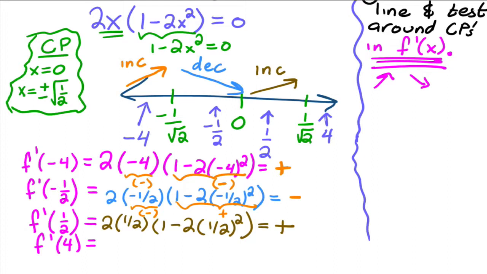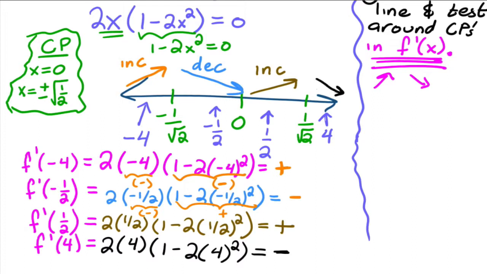You always have to check, because you don't know. And then last but not least, we plug in 4. 1 minus 2 times 4 squared, and this is going to be negative. So that means that it's going to be decreasing. Okay, and then we do our analysis.